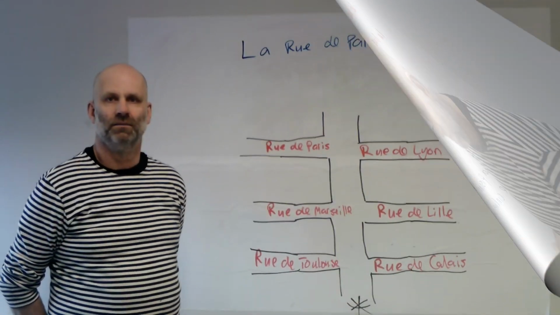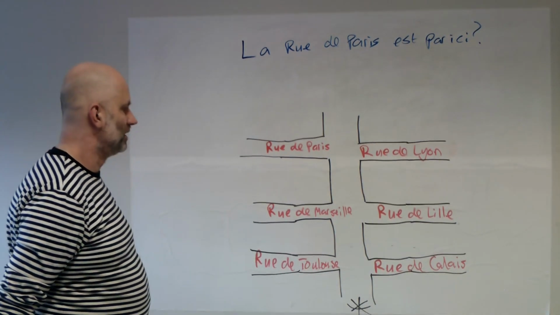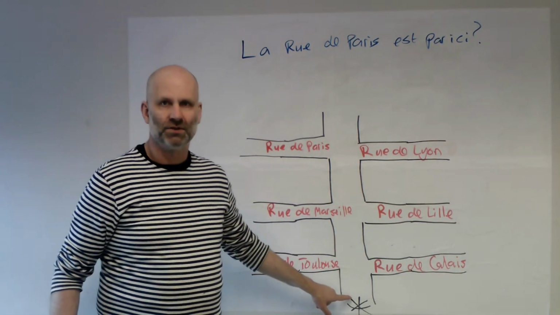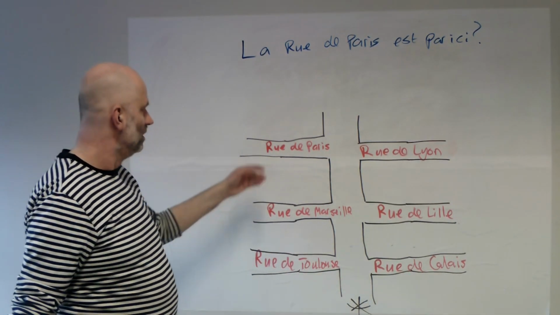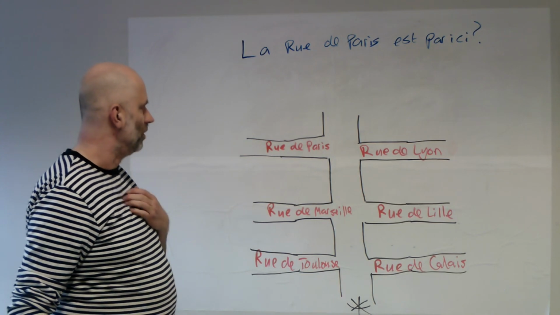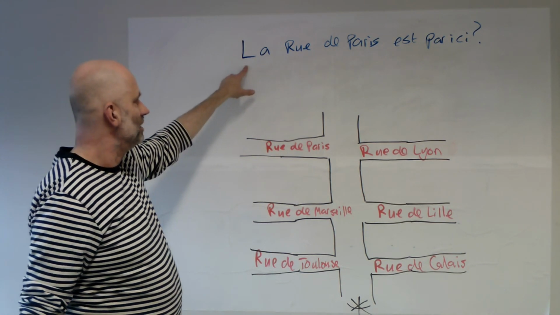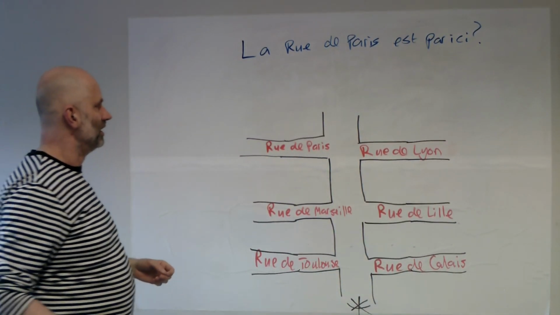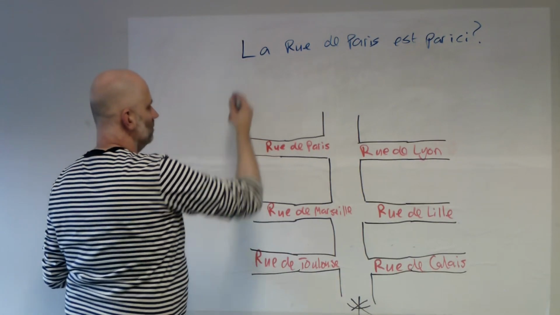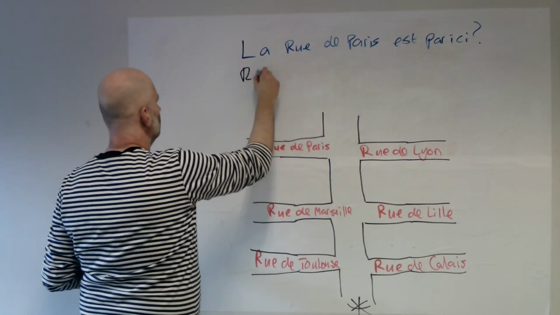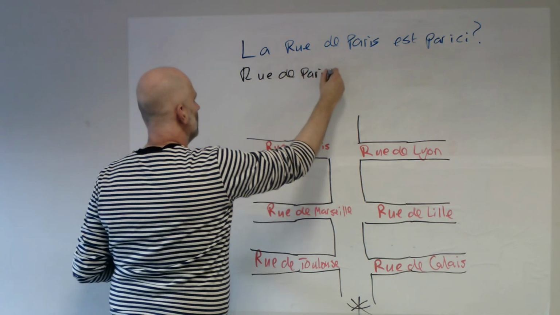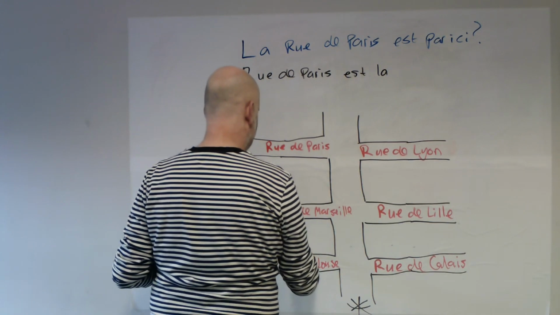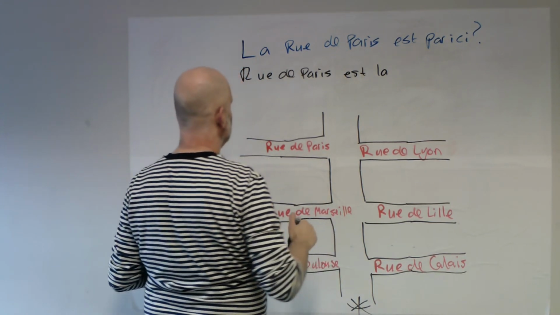sentence. Okay, so what we're going to do now is look at when you're looking for a certain street. So imagine you start off here and you want to find one of these roads. So you could say to somebody, La rue de Paris part ici, and then the person might say something like, rue de Paris la, and then it's the third, so première, deuxième, troisième.